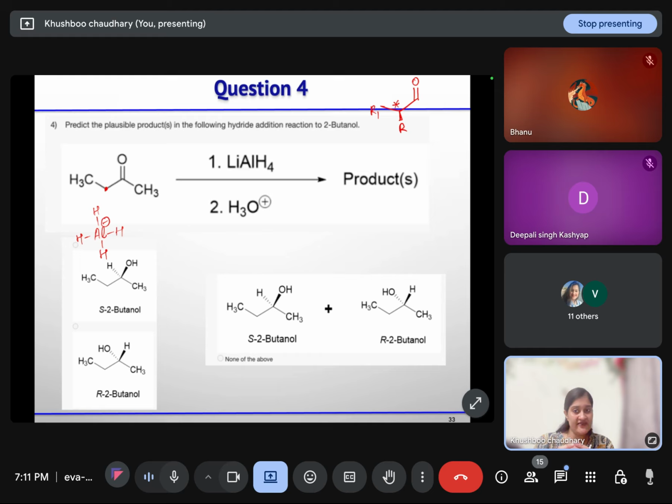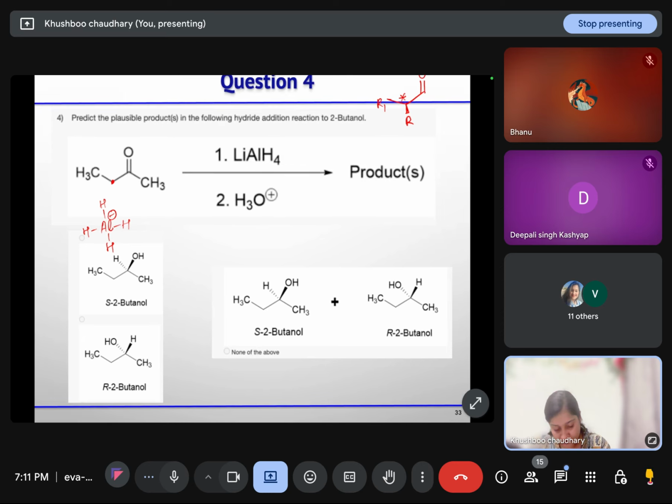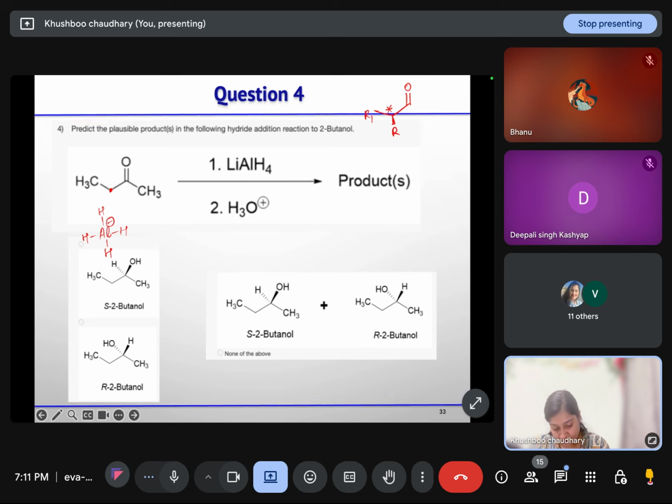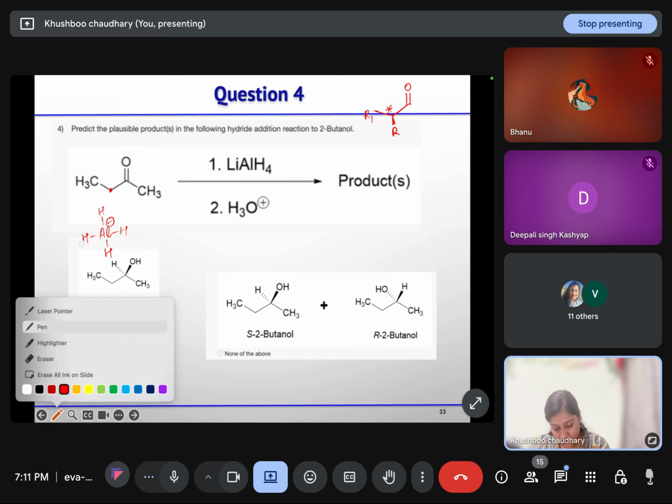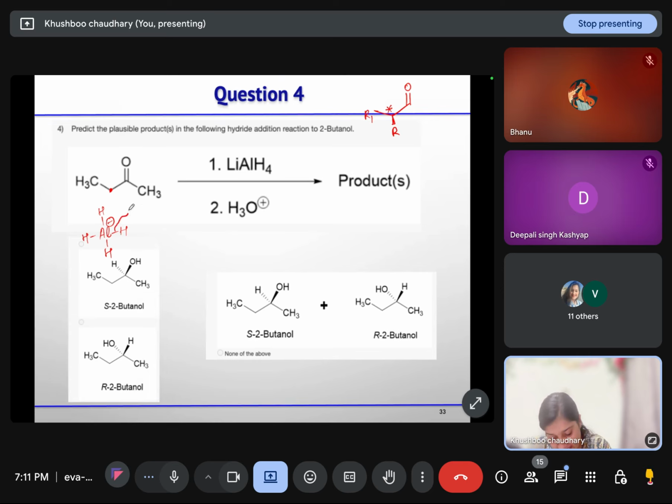And how will that hydride attack? Through the aluminium-hydrogen bond. So, first, hydride will attack at the carbonyl center.